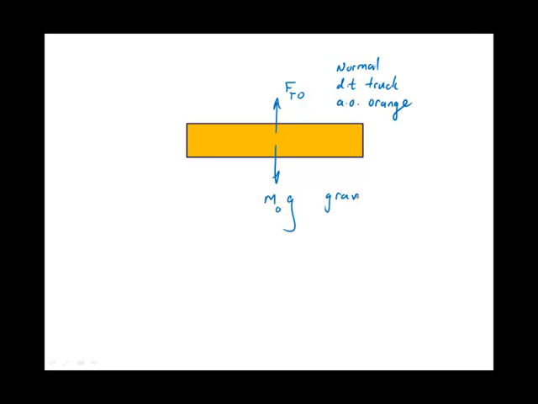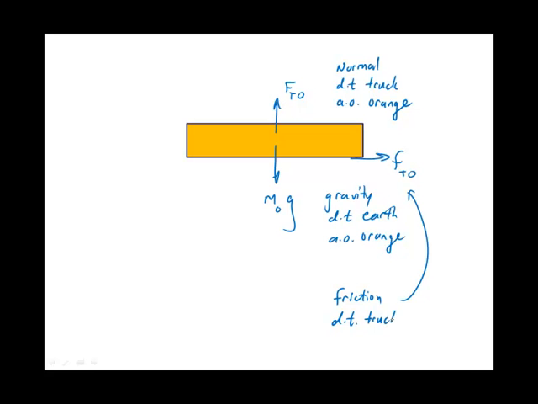This is a gravitational force due to the earth acting on the orange beam. Now if there was no friction, as the truck moves forward, the orange beam would slide to the left, and because of that there must be a frictional force to the right. Now this is due to the bed of the truck, so I'm going to call that truck orange. So this force is a frictional force due to the truck acting on the orange beam.